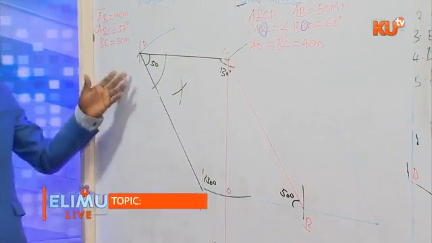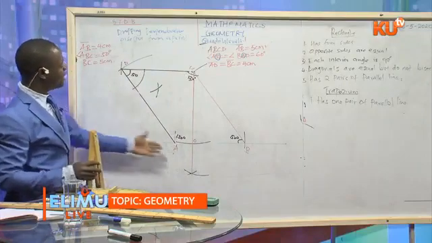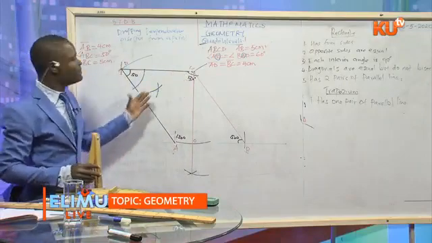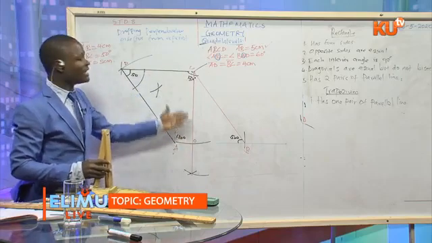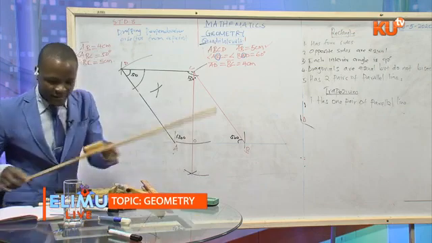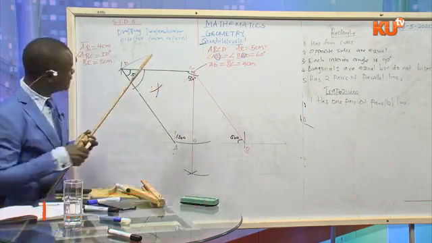I'm saying that after dropping the perpendicular bisector, you can also be told to bisect angle ADC such that the angle bisector meets the perpendicular bisector at P. So after doing what I've just done on the whiteboard, you join the line.